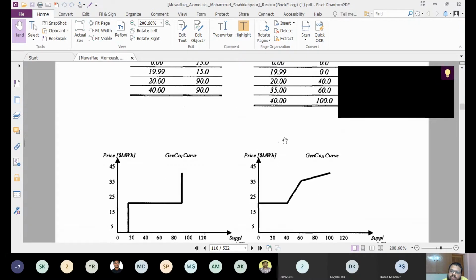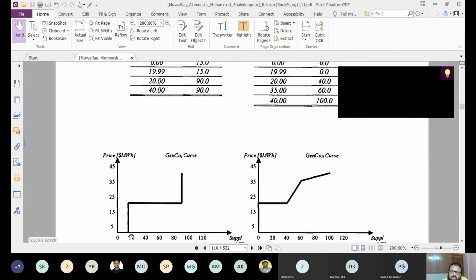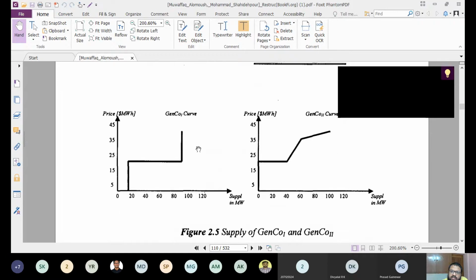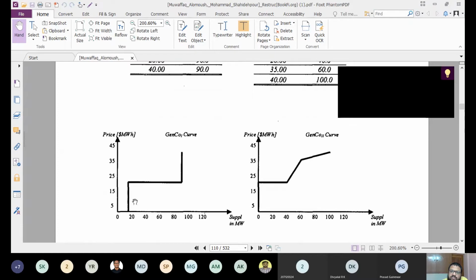Okay, now when we draw the supply curve from 0 to 19.99 price, what's the supply? It's 15, right? Okay. Then what happens after that? From 19.99 to 20, this segment is not actually parallel to the horizontal axis.